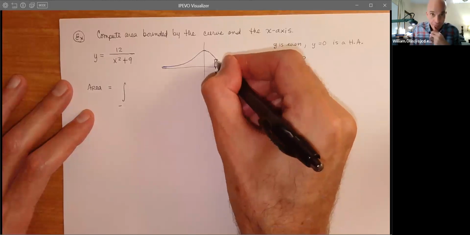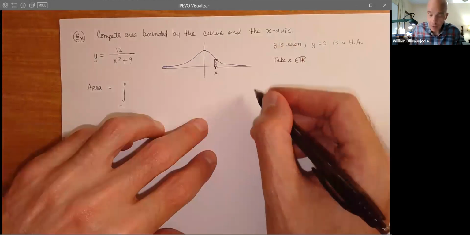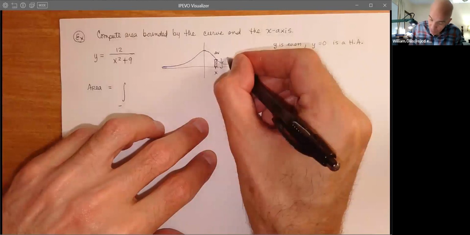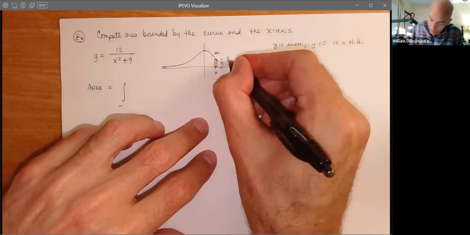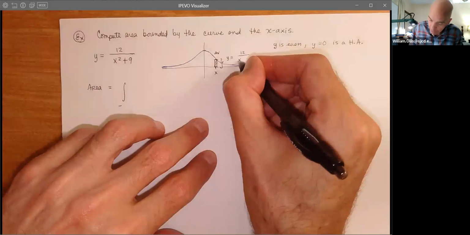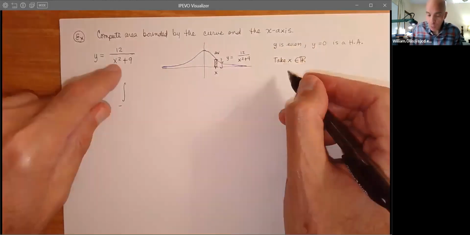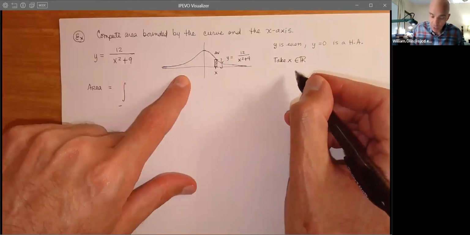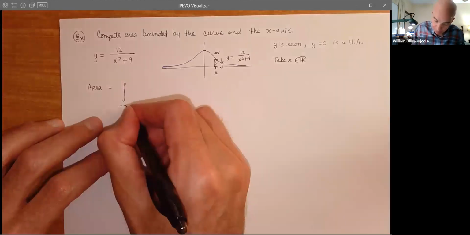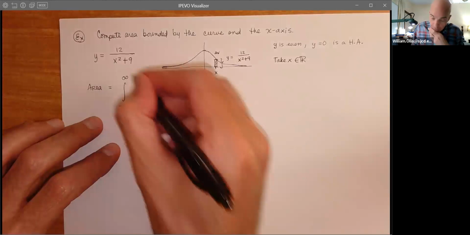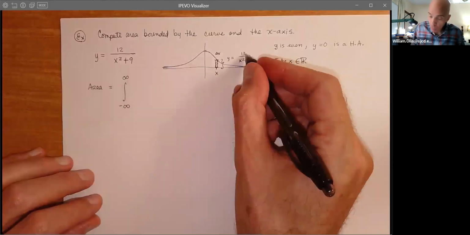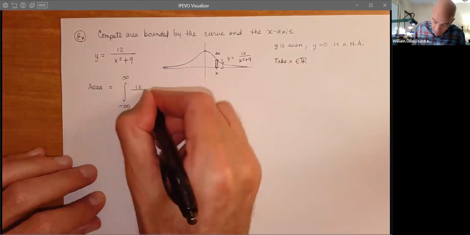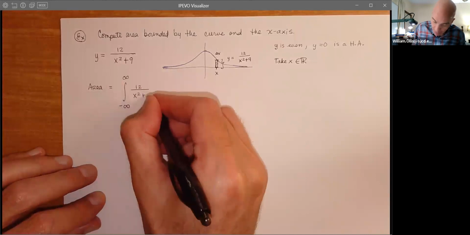So there's our rectangle. And we know that the width is delta x, and the length here will just be y equals the function. So the upper curve is 12 over x squared plus 9, and the lower curve is y equals 0. So to get the area, we have to integrate from negative infinity to infinity the y dx. So we have 12 over x squared plus 9 dx.